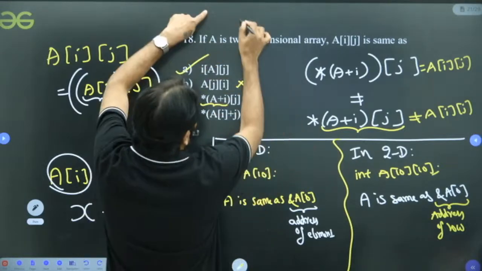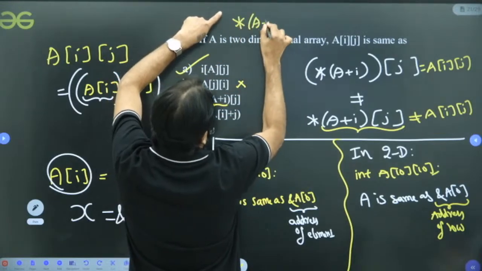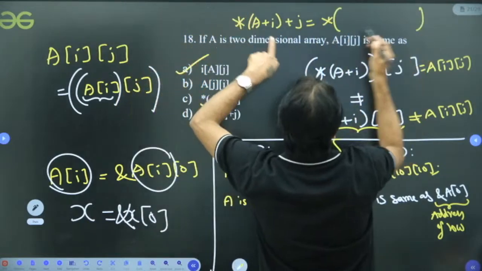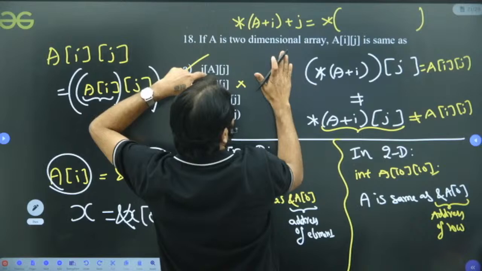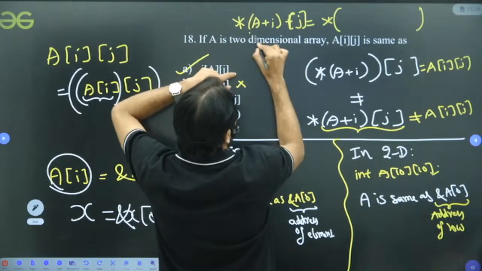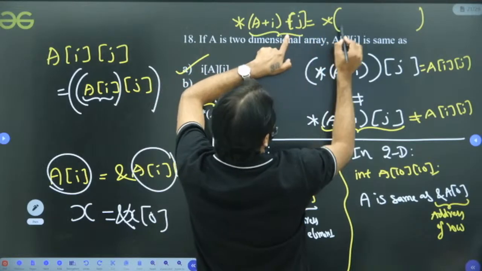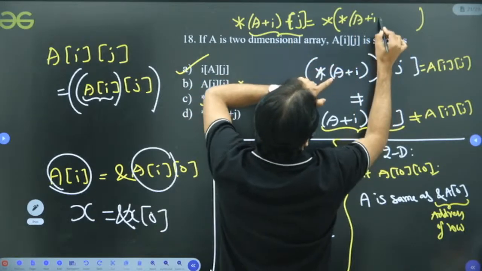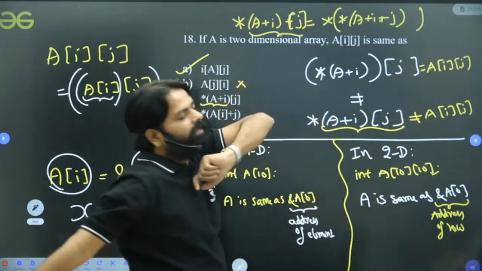And in that case, star of a plus i plus j, if you do that, one more star, a plus i and plus j will happen. Can you see that? Are they same or different?